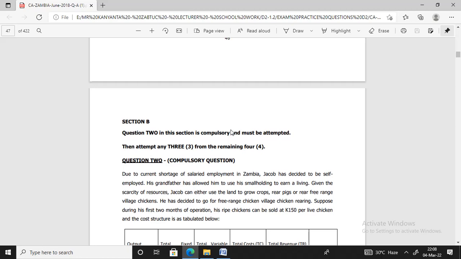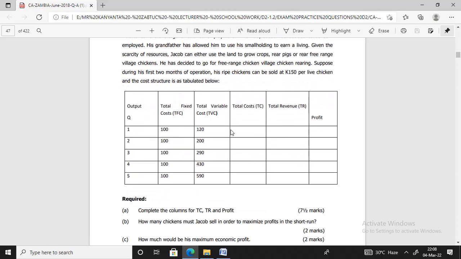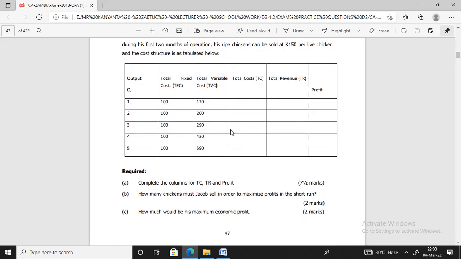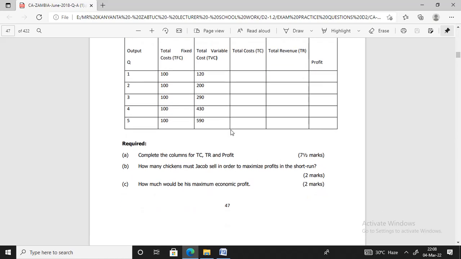So we have that. So what's the question? The question is complete the columns for total cost, total revenue, and profits. Then how many chickens must Jacob sell in order to maximize profits? In the short run, how much will be his maximum economic profits?